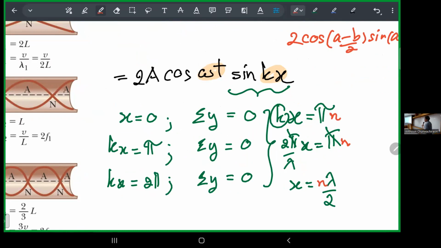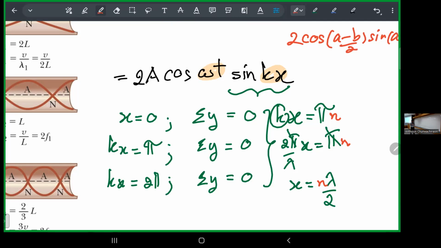With me, guys? What do you see here? So what I'm saying is whenever the position is at 0, when n equals 0, or at lambda over 2, 2 lambda over 2, 3 lambda over 2, 4 lambda over 2, 5 lambda over 2, these positions will get nothing, no movement, because the resultant wave is 0 at any time.